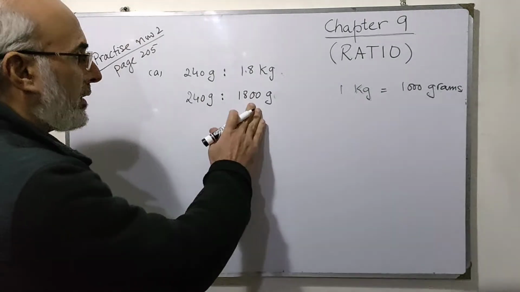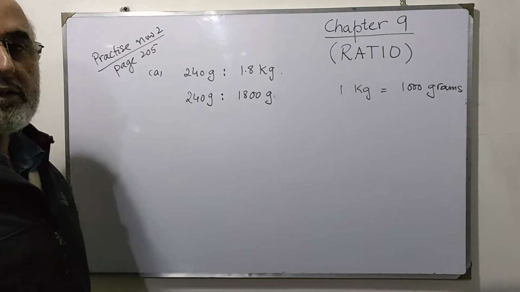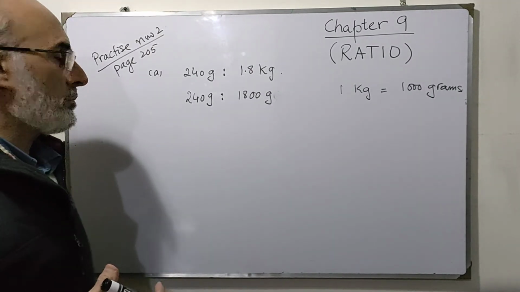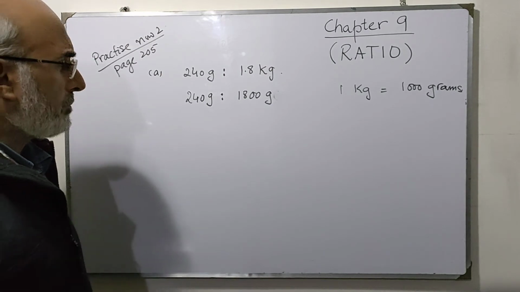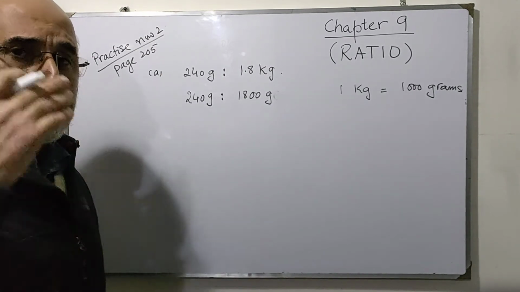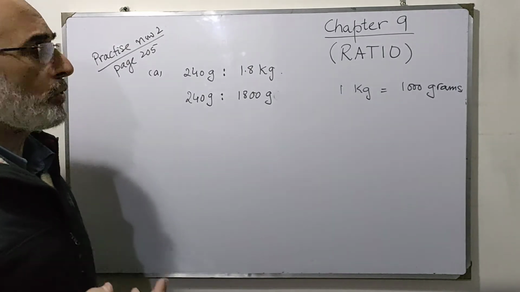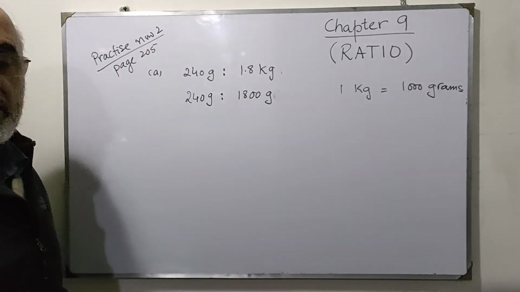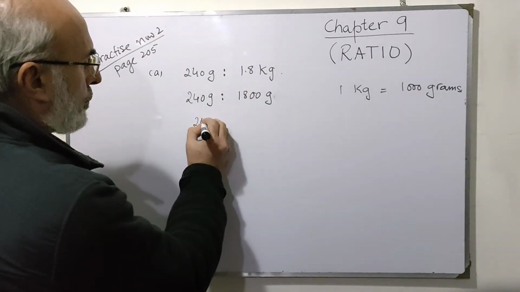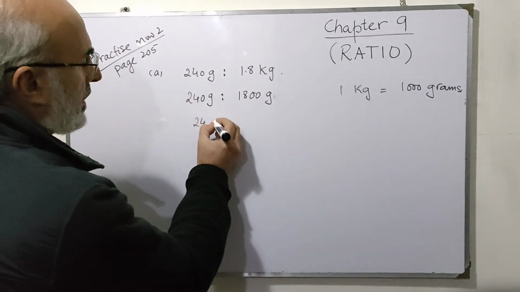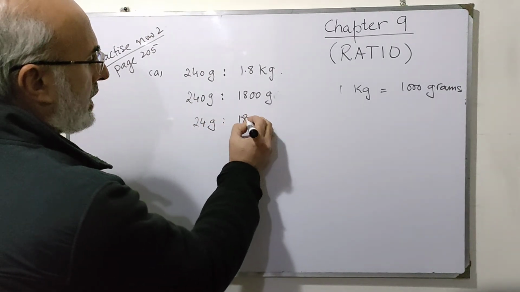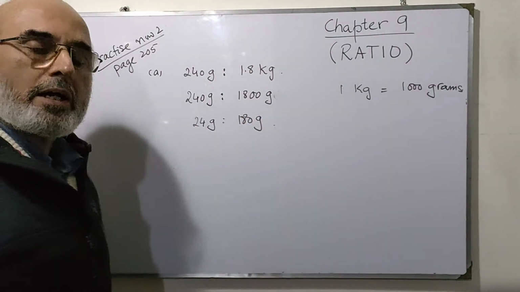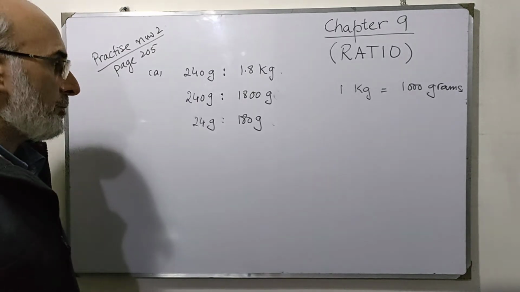But here we see that the common factors are there. Now, how to simplify? You can simplify whichever way you like, but if you are not getting any clue how to simplify it, first thing is that we can divide it by 10. So what do we have here? 240 is reduced to 24 grams is to 180 grams. Okay, it is simplified, but still common factors are there.